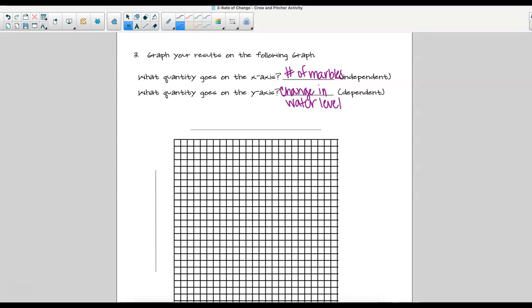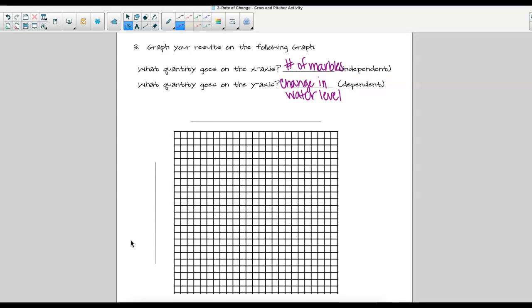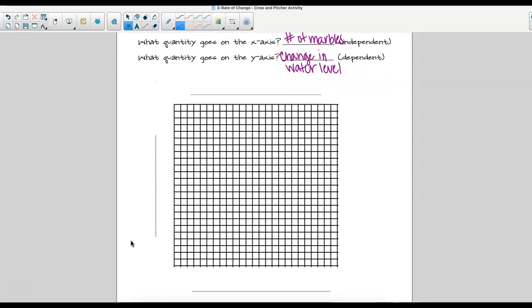So write that down. When we get to our graph, we should put number of marbles down here at the bottom, and on the side, change in water level.